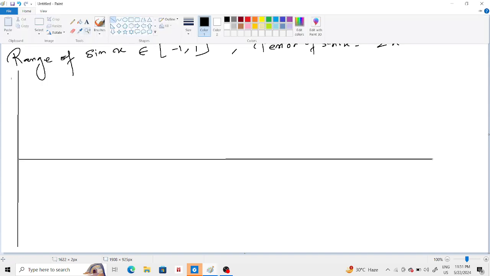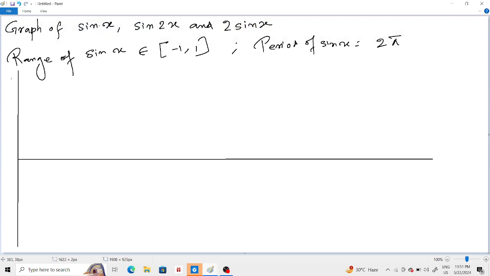So in the y-axis, we have the values of the range. So let us put 1 over here and let us put -1 over here, which indicates that the value of sine will range between -1 to 1.